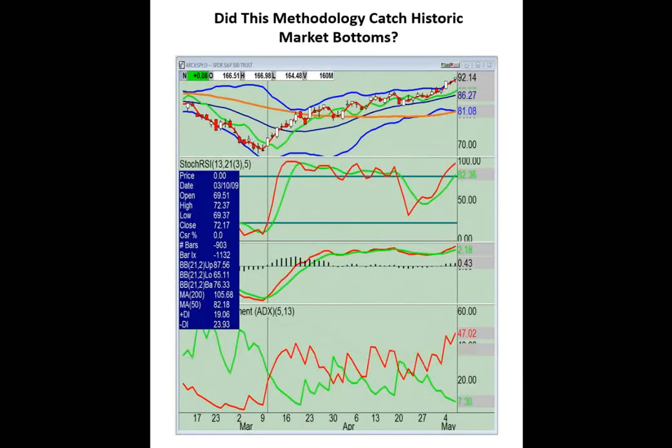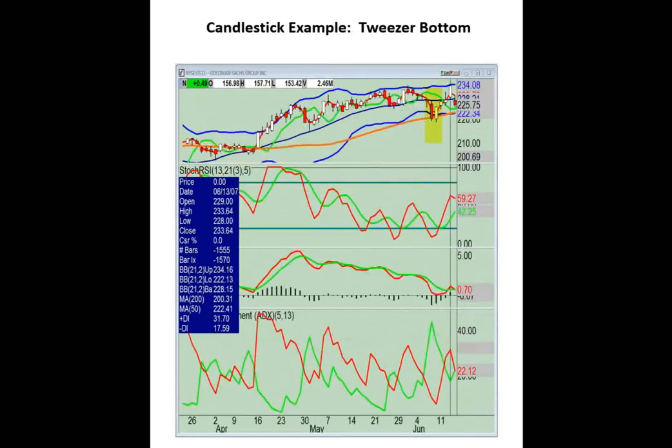So the tweezer bottom example page. Oh, got it. Okay. This one? Yeah, that's the one. If you look at the 2 red candles to the left of the example, would that be considered a tweezer bottom also?